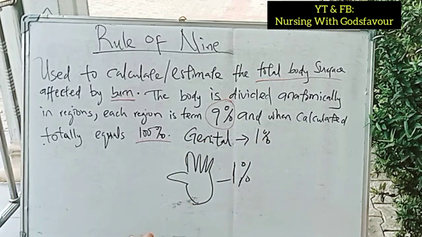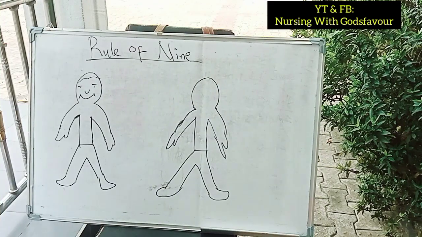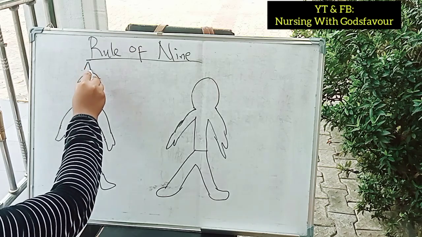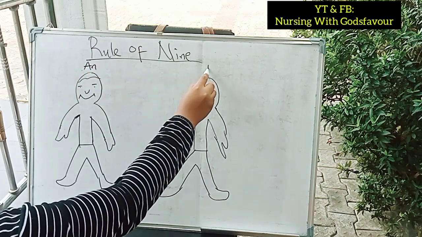Take note of that. Moving forward, let's say this is the anterior part of the body, and this is the posterior.